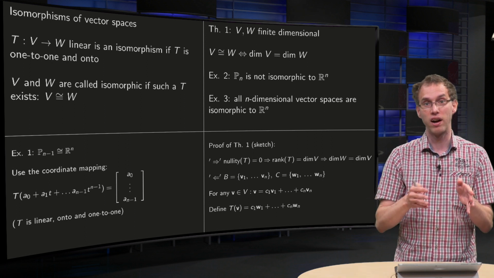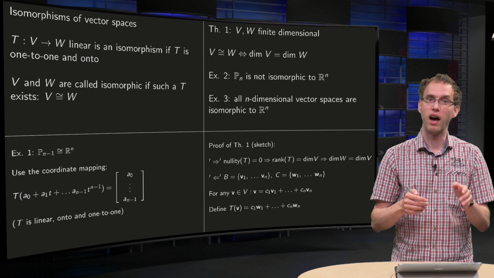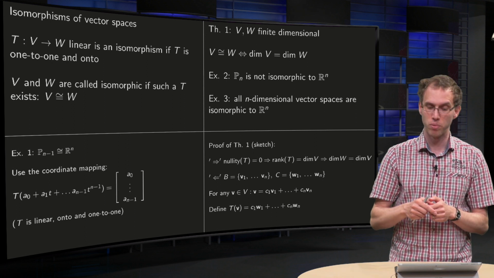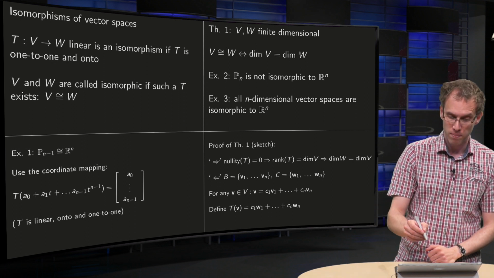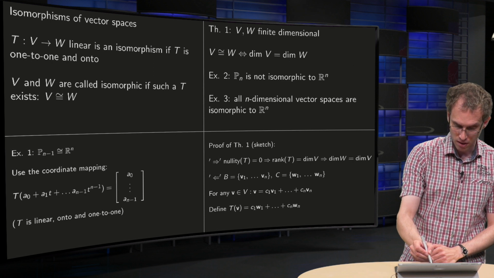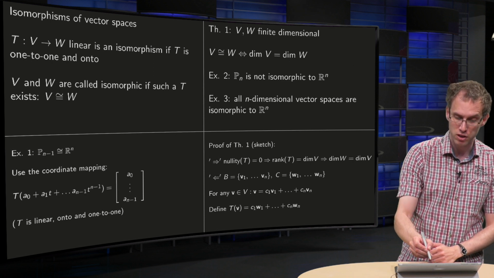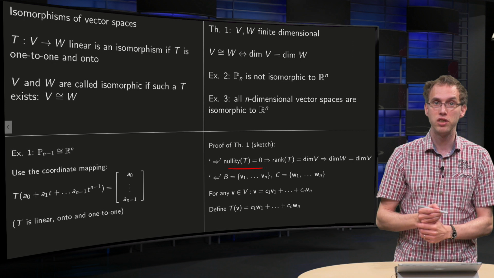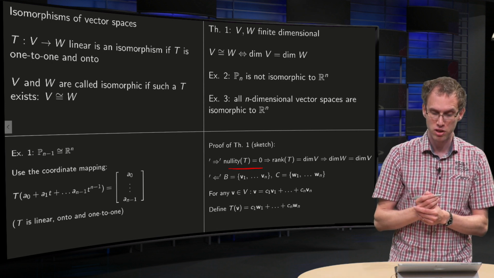Well, first, if they are isomorphic, then you have this mapping which is linear, onto and one-to-one. So in particular, because this mapping is one-to-one, the nullity, the dimension of the null space, is 0.